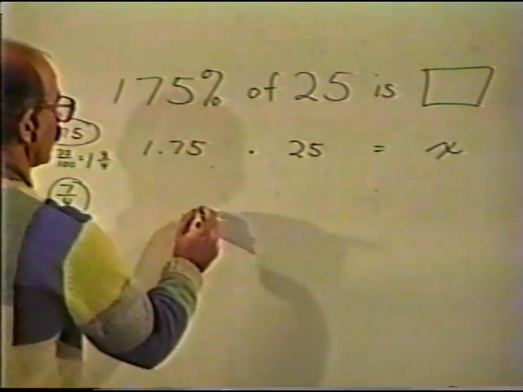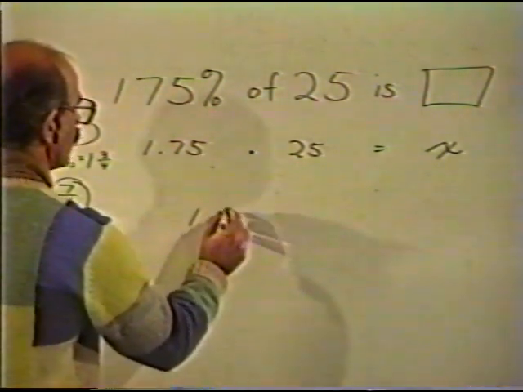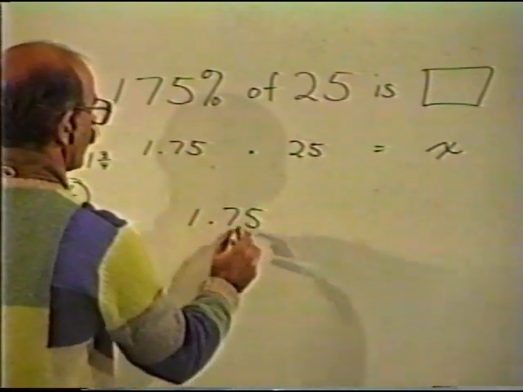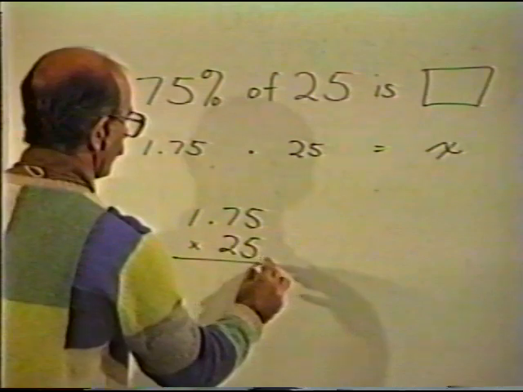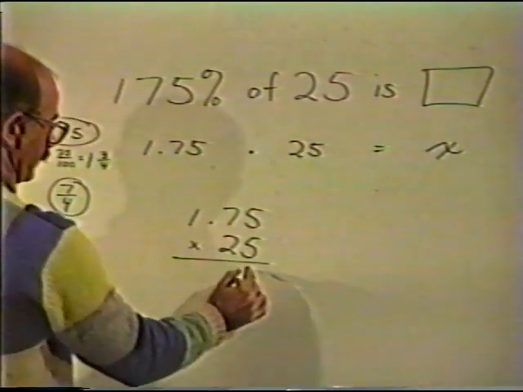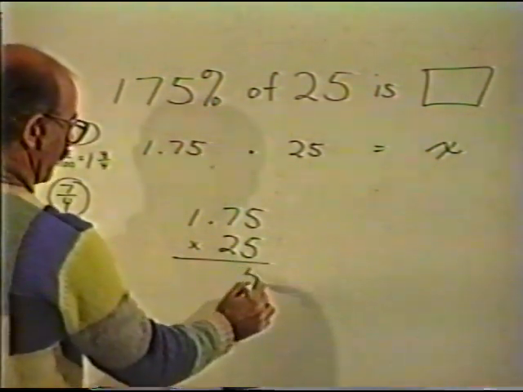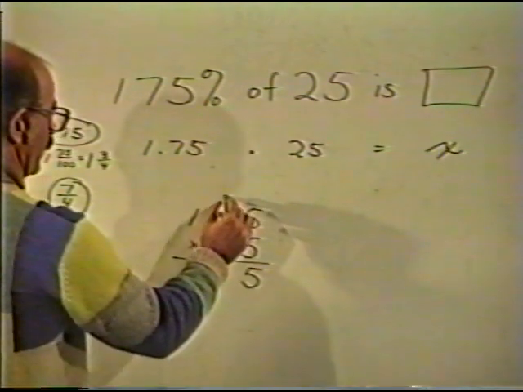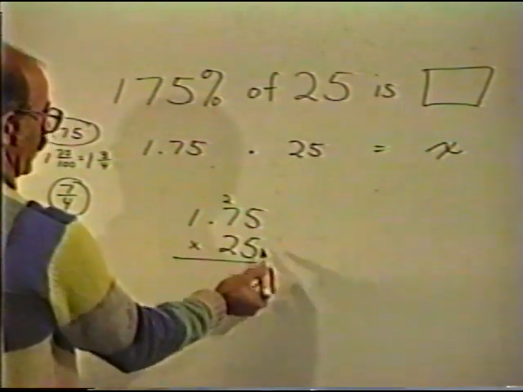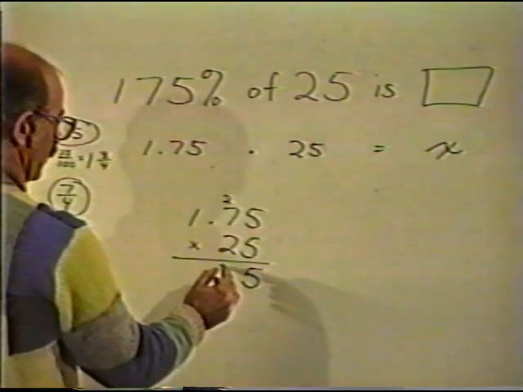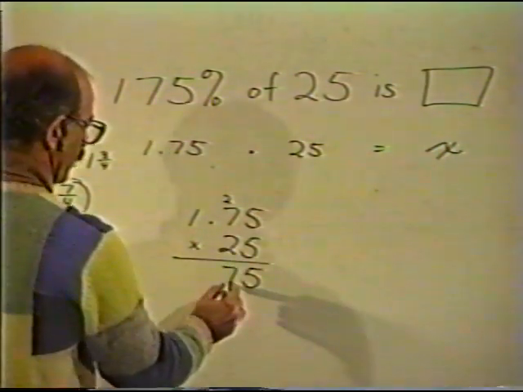Well, we have to multiply 1.75 times 25. 5 times 5, 25. Put down the 5, carry the 2. 7 times 5, 35, plus 2, 37.